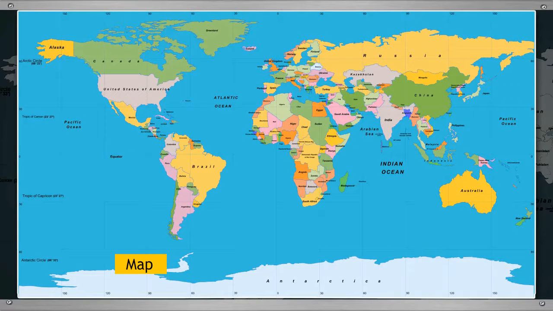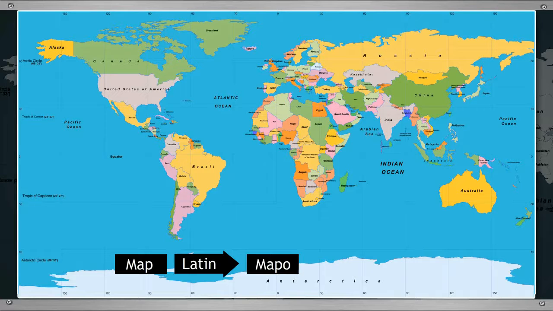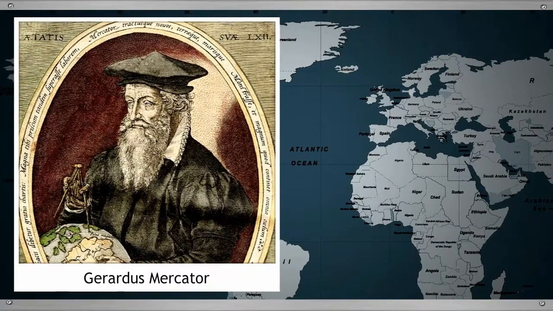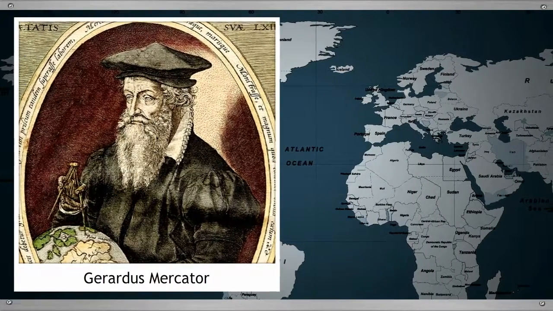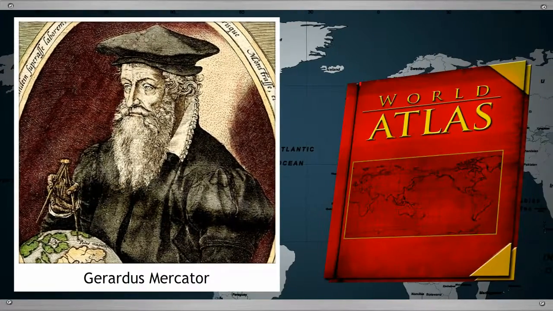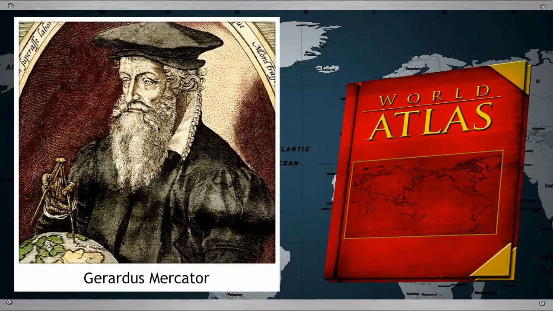The word map is derived from the Latin word mappa, which means napkin. And a Flemish map maker, Gerardus Mercator, was the first to publish a collection of maps in the form of a book called Atlas.